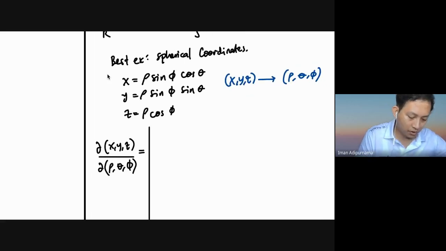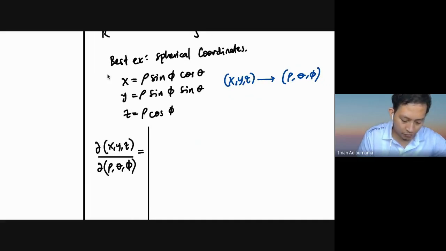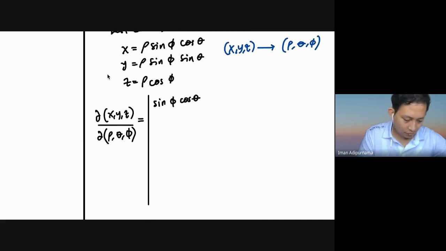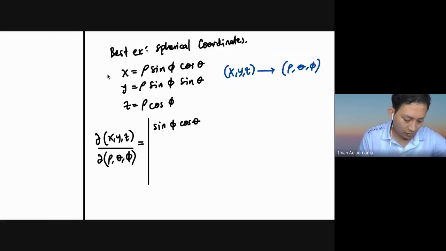So we look for x and then differentiate with rho. This will be sine psi cos theta. And then the second one, the y is sine psi sine theta. And then z is just cos psi.